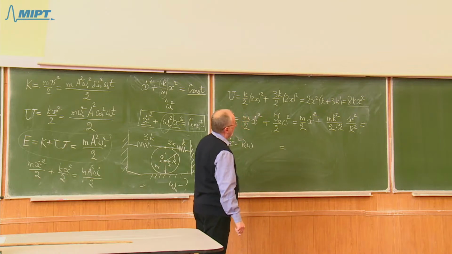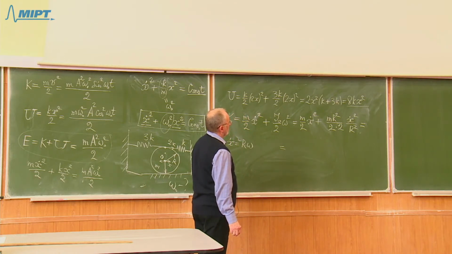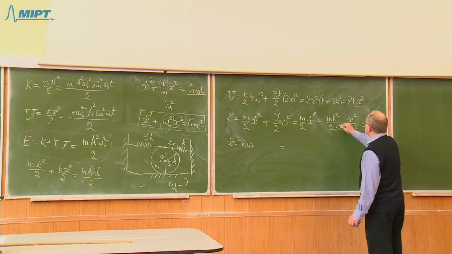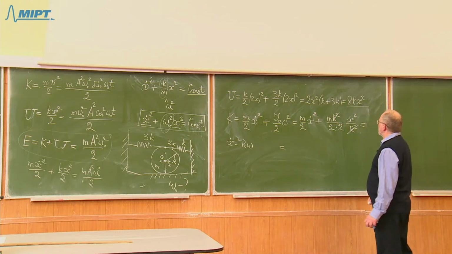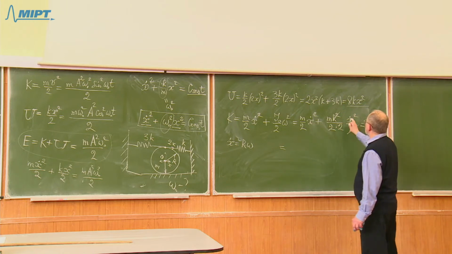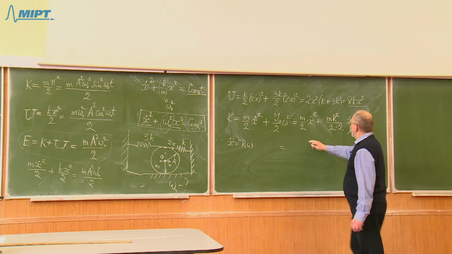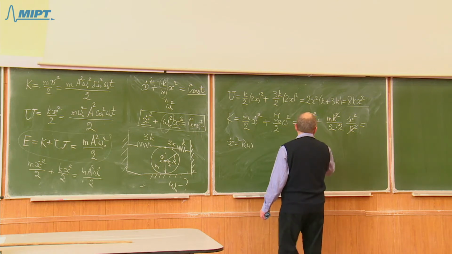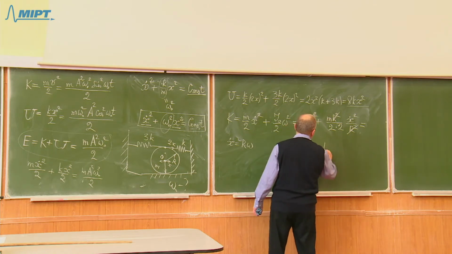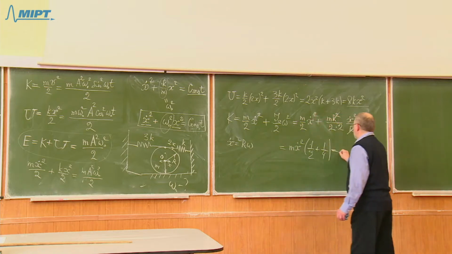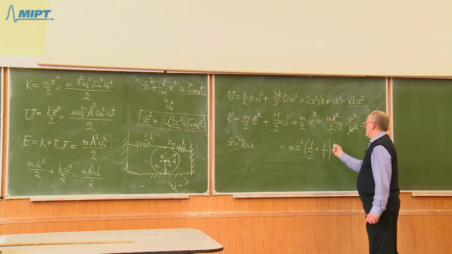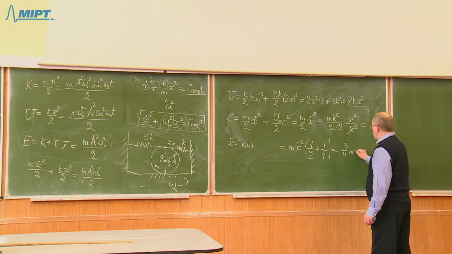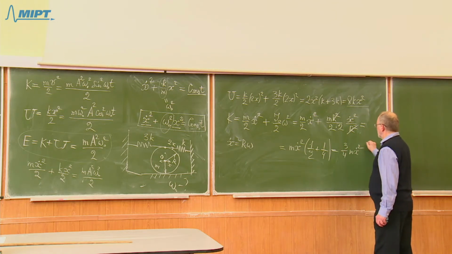And from here I find that r squared cancels, and I will have m x dot squared times 1 over 2 plus 1 over 4. That will be what? 3 over 4 m x dot squared.